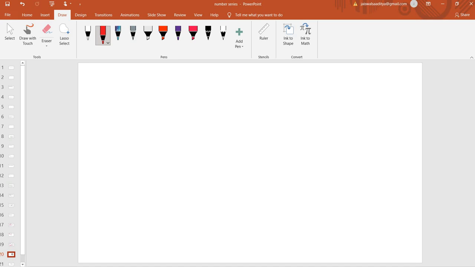Okay, this is a different type. I want some of you to solve this question because it's a good question. 1 upon 1 plus 1 into 1, plus 1 upon 2 plus 2 into 2, plus 1 upon 3 plus 3 into 3, correct, so till 1 upon n plus n into n.